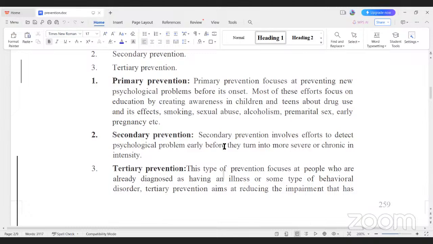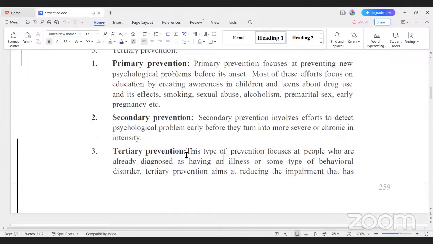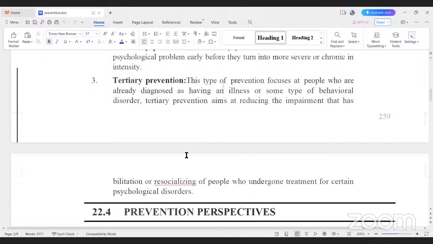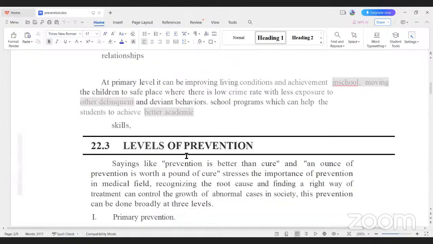So it will create unnecessarily some impairment without treating it properly. So to avoid that type of impairment in the person's functioning, tertiary treatment will happen. So this is one type of levels of prevention.